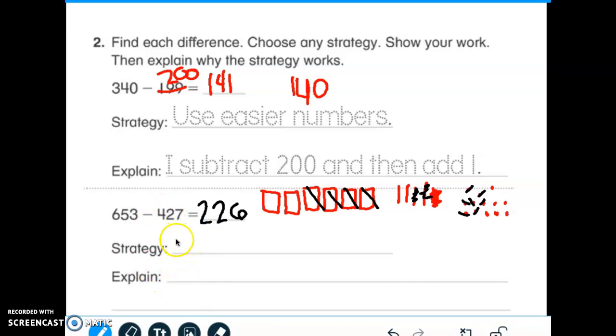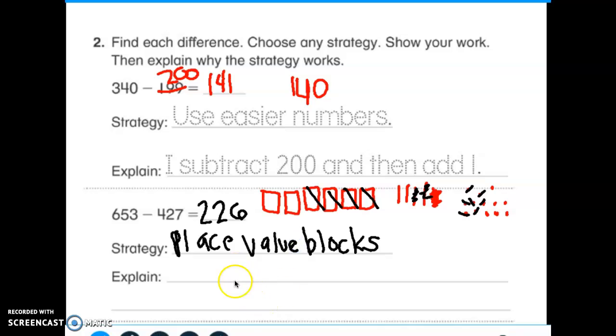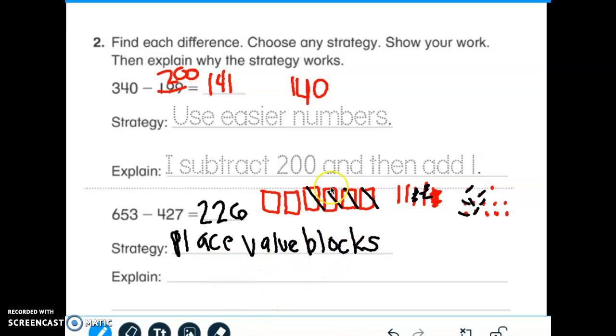So the strategy that I used was place value blocks. And this is also why I didn't have you do this, because it's kind of hard to write. So we have place value blocks as the strategy that I use.